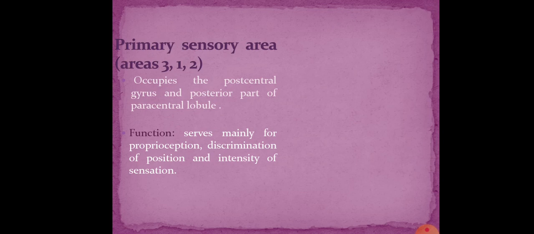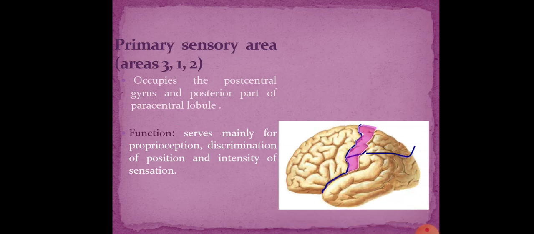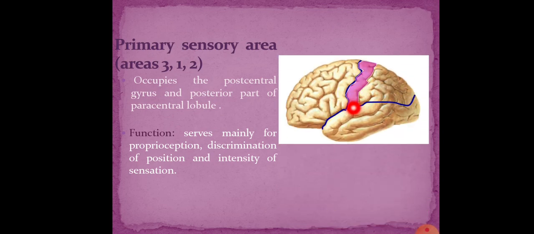Let's move to areas in the parietal lobe. In the parietal lobe, there is important area known as primary sensory area. Area 3, 1, 2. This area occupies the postcentral gyrus and posterior part of paracentral lobule.